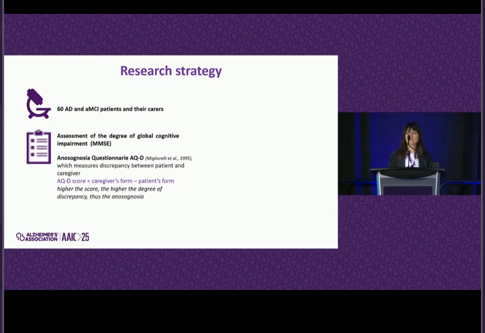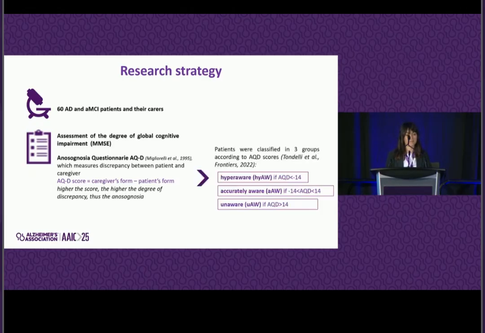That is a measure of discrepancy between the patient assessment and the caregiver assessment. So the higher the score, the higher the degree of discrepancy, the higher the anosognosia. So a positive score means that the caregivers consider the patient more impaired than the patient considers himself or herself. Based upon AQD, we classified our patients in 3 groups.